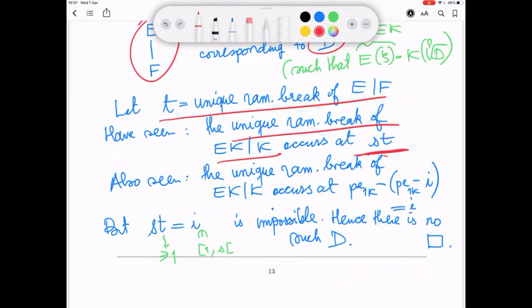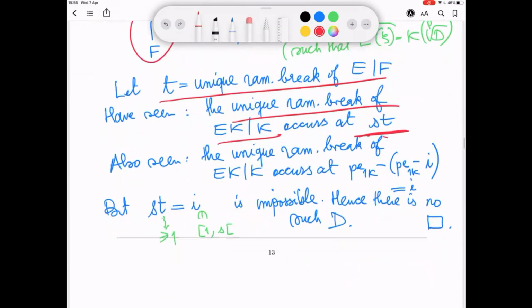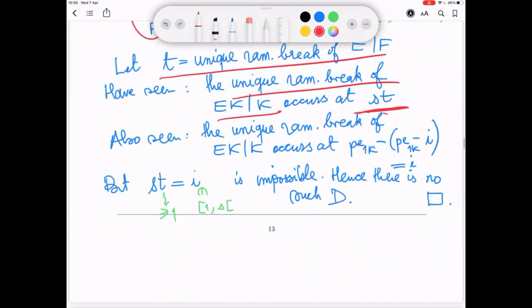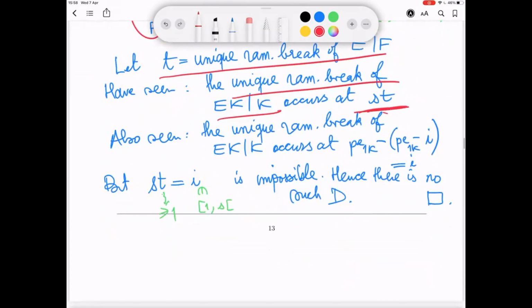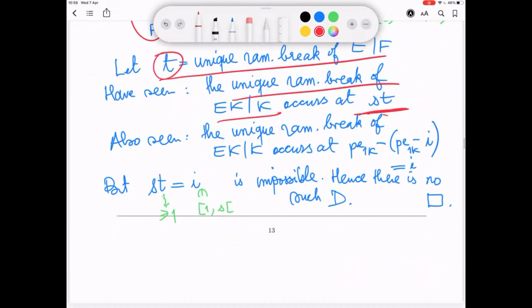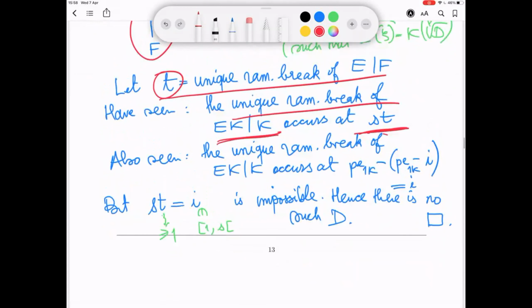When computing the, right, this is how actually T was computed. You first go to EK over K, you see what you get there, and then you compute. I think we had used the transitivity formula for the different.